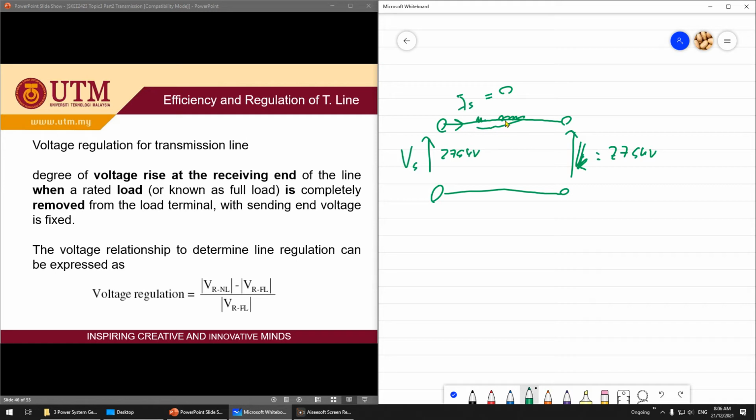Because the current is 0, VRL is equal to 0, which means Vs is equal to VR plus VRL, but this one is 0, so it just equals VR. So this is at no load.